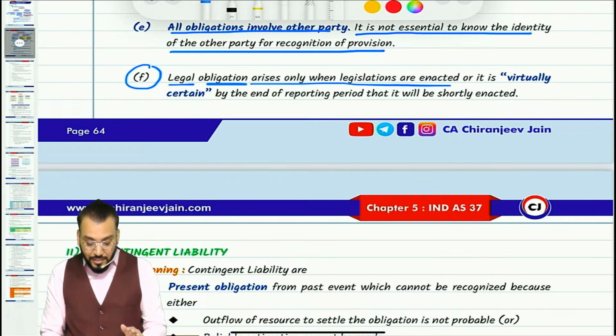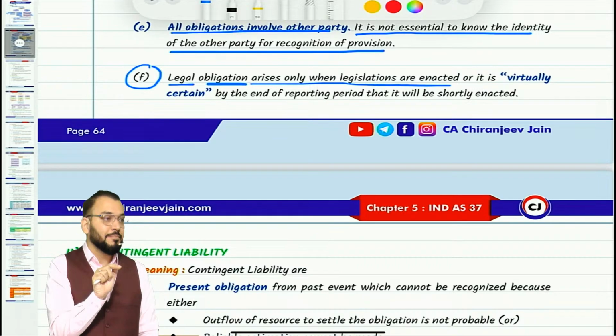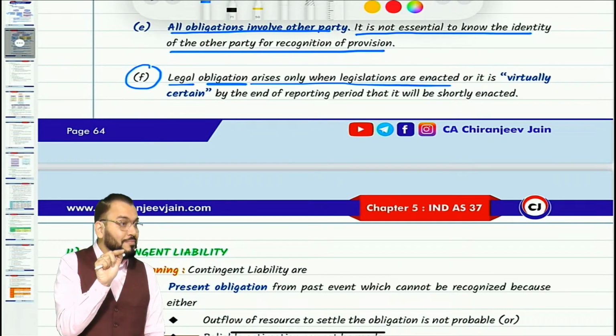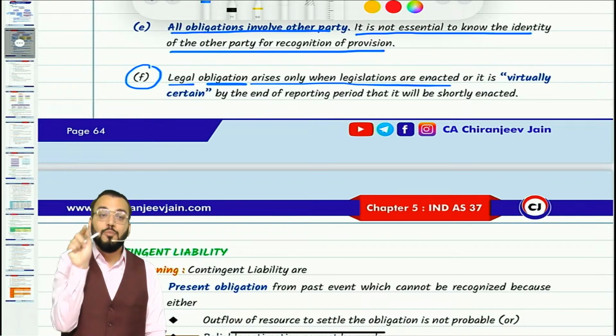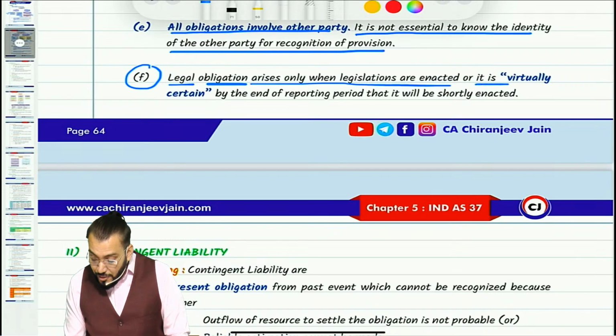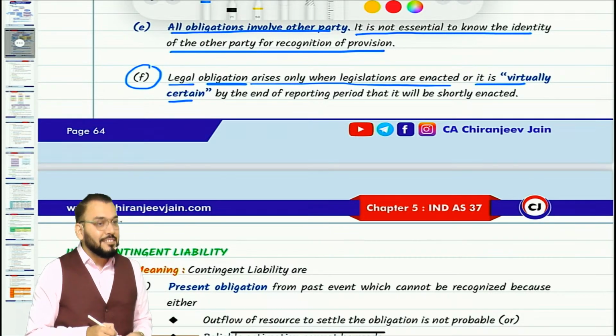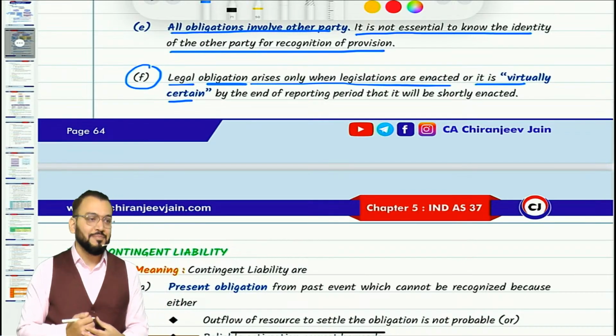So can you see what they are saying? Legal obligation arises only when the legislation is enacted on or before the reporting date, or it is virtually certain. Virtually certain is a new term in your life.